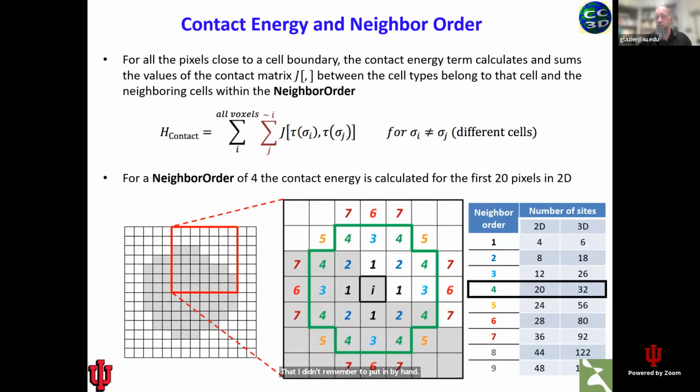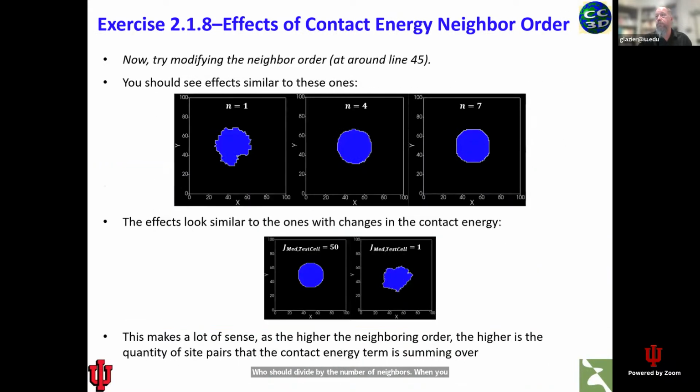So I'm going to skip the details of calculating the neighbor order. This is how you correct for the contact energy as a function of the distance, because you should divide by the number of neighbors when you do change the distance. I'm not going to have time to do that today. But here's essentially what happens if I change the radius of the contact area, excuse me, getting ahead of myself.